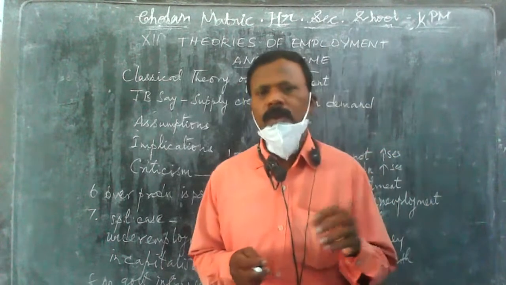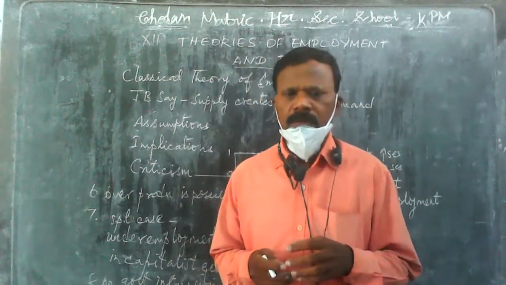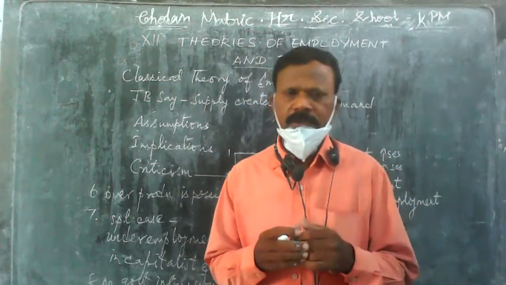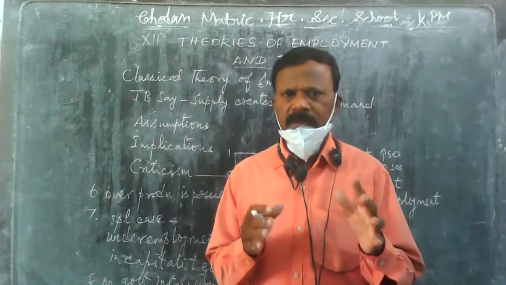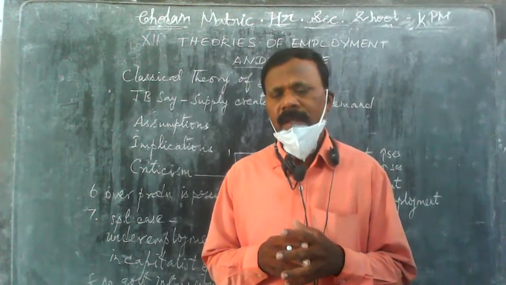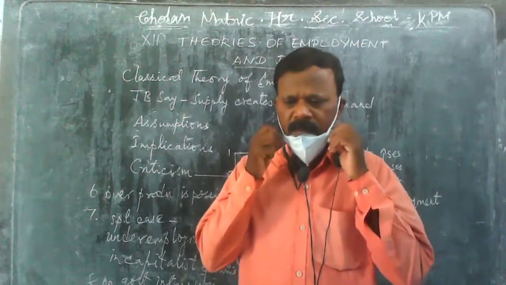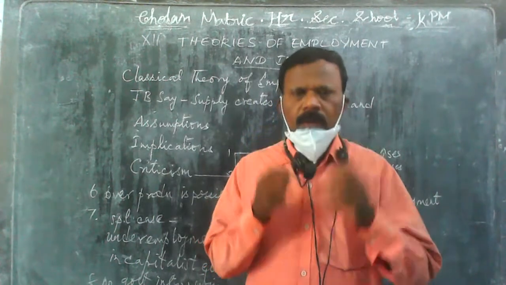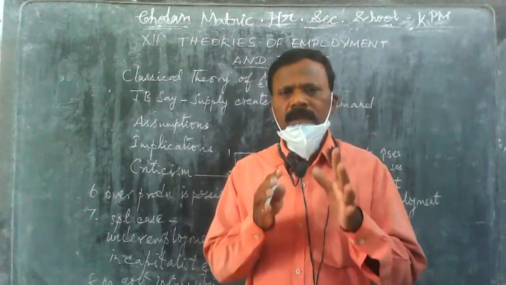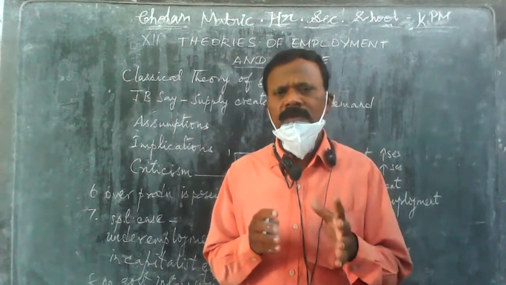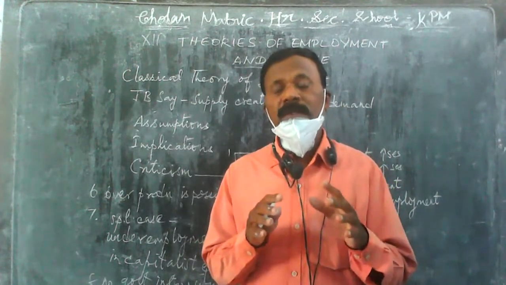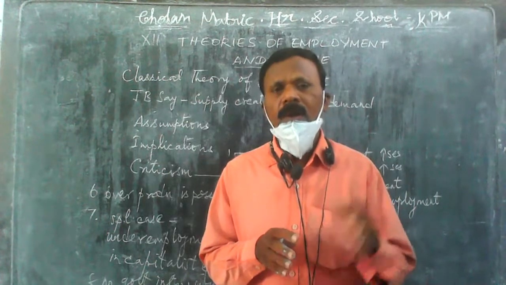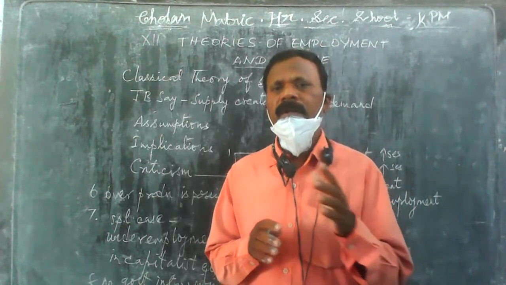Now, we are going to discuss the topic, that is, the classical theory of employment. Classical theory is composed of different views of the classical economists on the issue of income and employment.